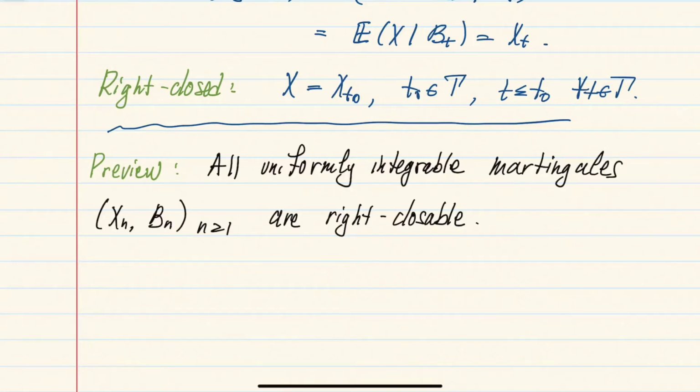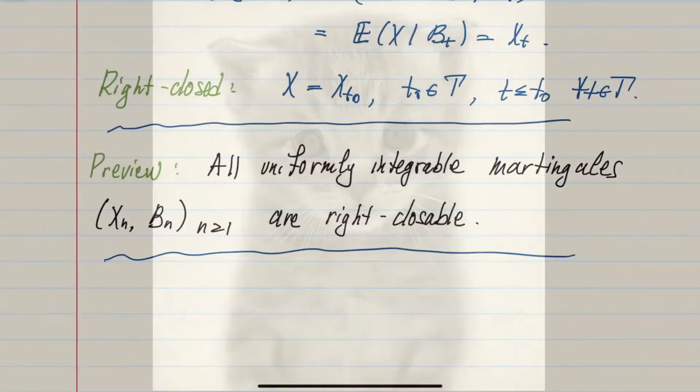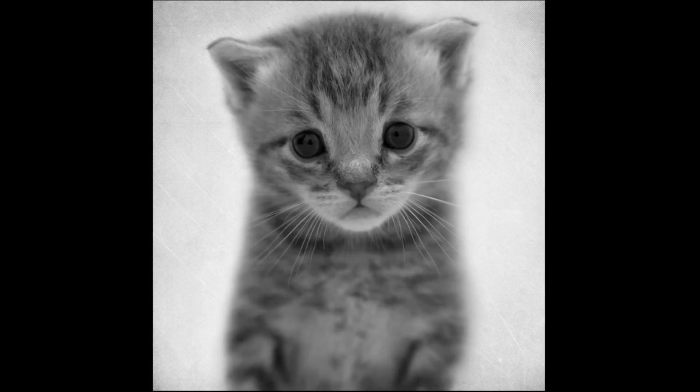So let me give one kind of fun example to illustrate these right closable martingales and this convergence theorem. If we take a look at this picture here, we can think of our probability space as, let's say, a 1 by 1 square with the Borel sigma algebra and uniform probability measure. And the function here is just the pixel value of this image, right? This is a grayscale image, so at every point you have just one number describing the value of the function.